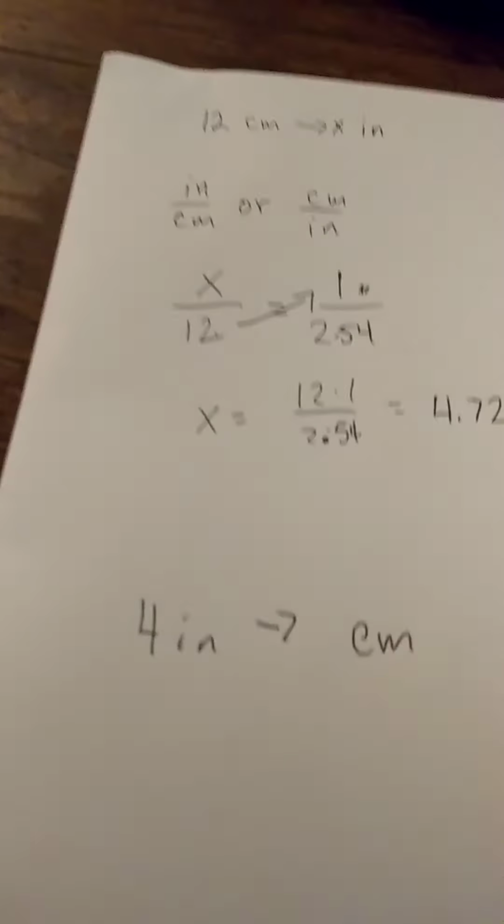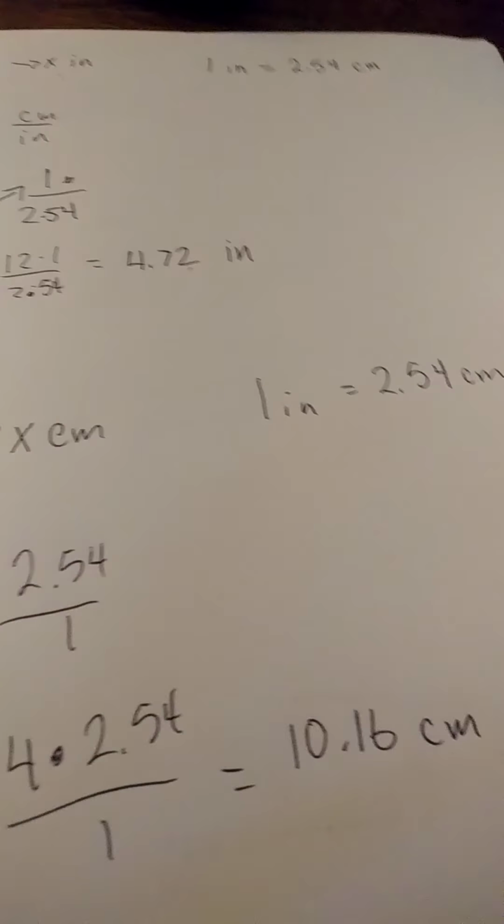So my answer has to be less than 12. And this way, inches to centimeters, centimeters is a smaller unit. So there has to be more centimeters than inches. So my number has to be bigger, and it is. Okay, that's it.